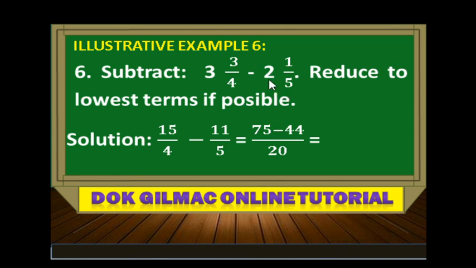Minus 5 times 2 is 10, plus 1 is 11, all over 5. The LCD is 20, so we have 20 divided by 4 is 5, times 15 is 75, minus 20 divided by 5 is 4, times 11 is 44. So we get the difference of 75 and 44 all over 20, that is just equal to 31 over 20, or 1 and 11 over 20.